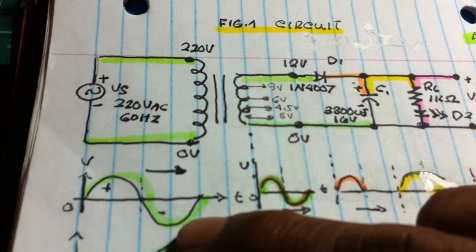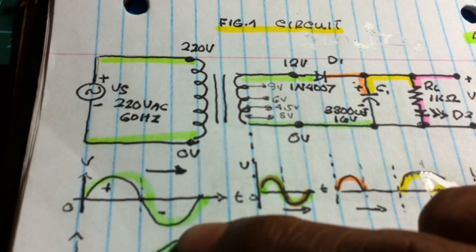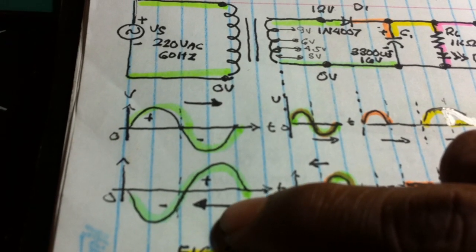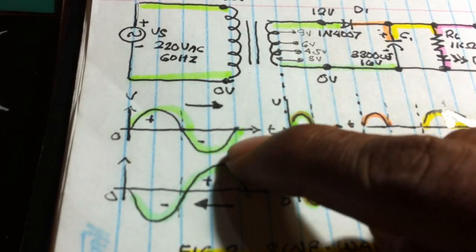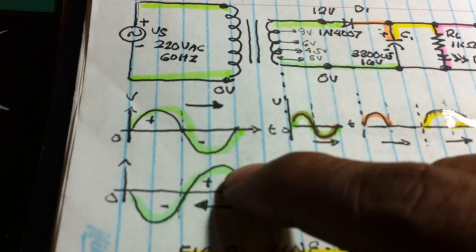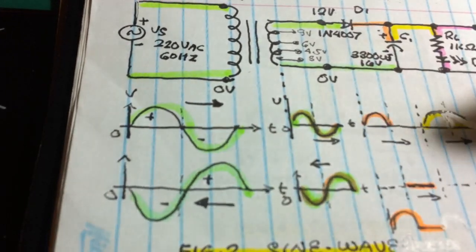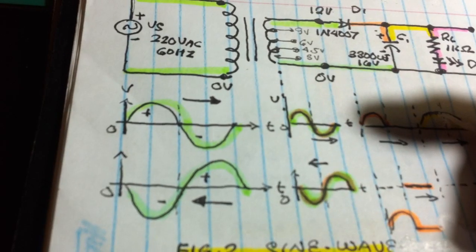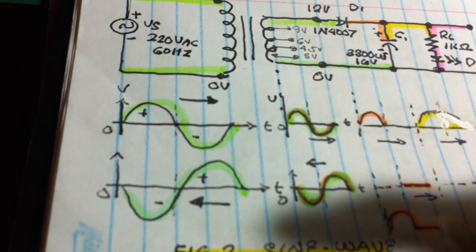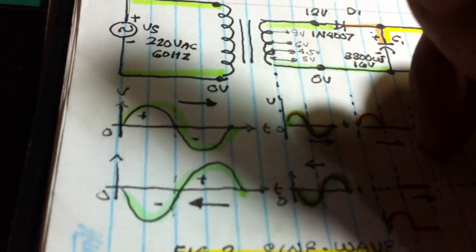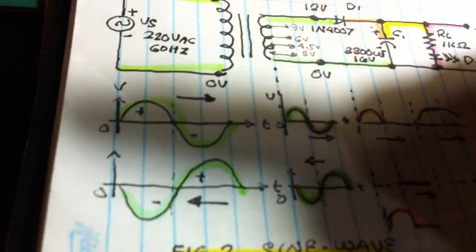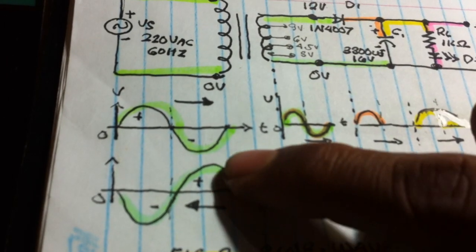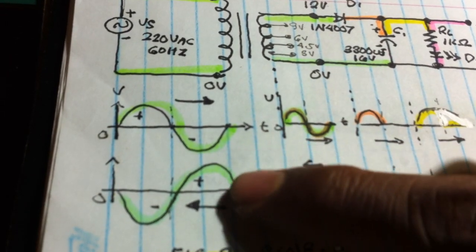Actually, this AC sine wave or this alternating current sine wave reverses direction like this. When this is positive, this is negative. Negative, it's positive. Happening at the same time. It is instantaneous. Just like a seesaw. If you know the seesaw, when the other end is up, the other one is down. When the other one is down, the other one is up. That is the seesaw effect of the alternating current.